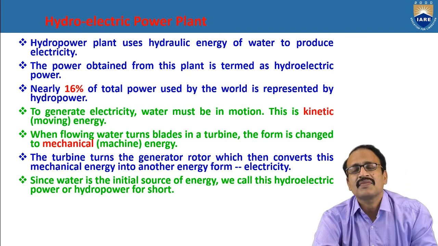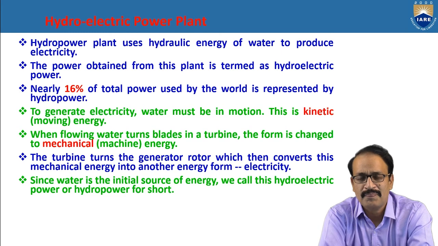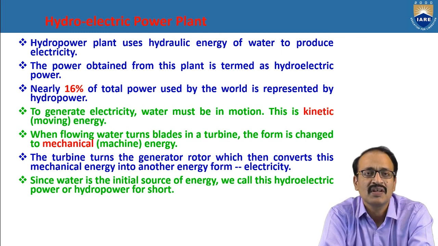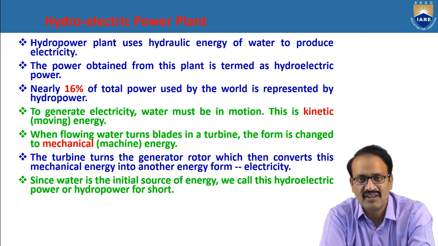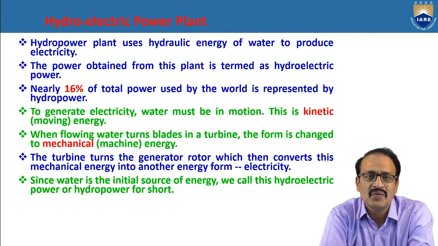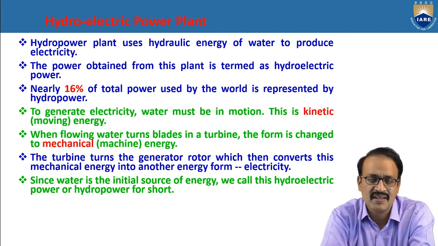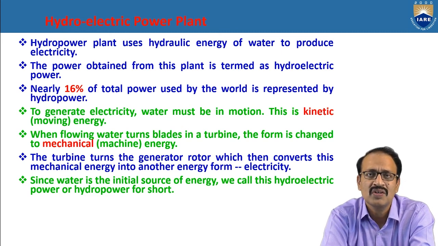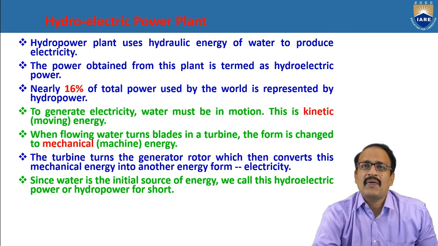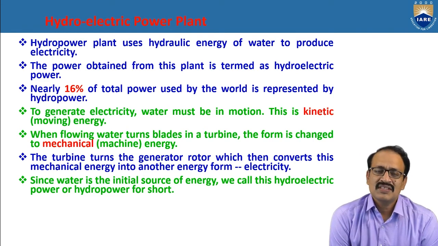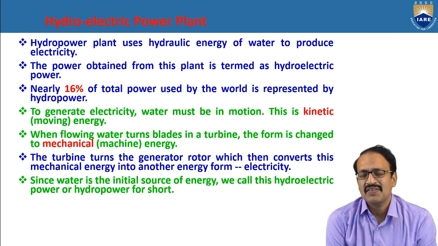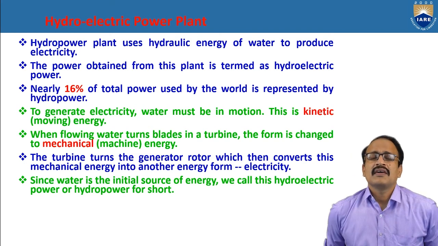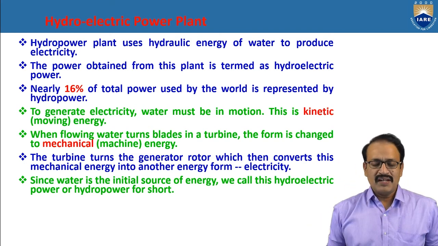After generating, we step up this power with step up transformers and transmit this high voltage power to the cities, villages, and industries. There we step down the power. This is the basic thing which happens in hydropower plants.